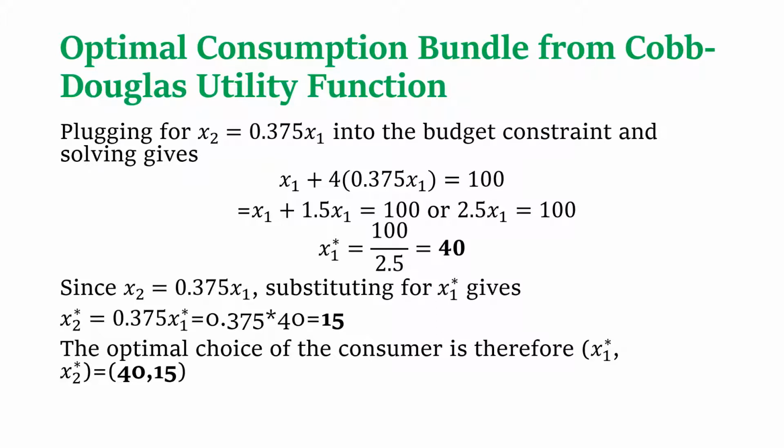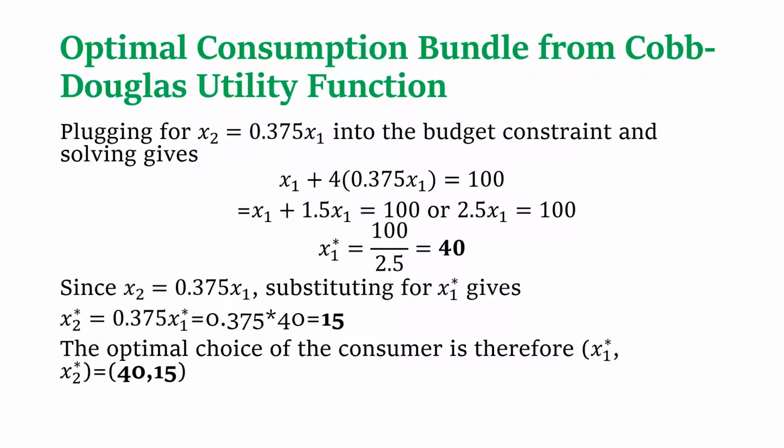Now, this is easy, simple, straightforward. So it equals 100. So 1 plus 1.5 x1 is 2.5 x1 equals 100. So what is x1 star? x1 star is 100 over 2.5, which is 40.